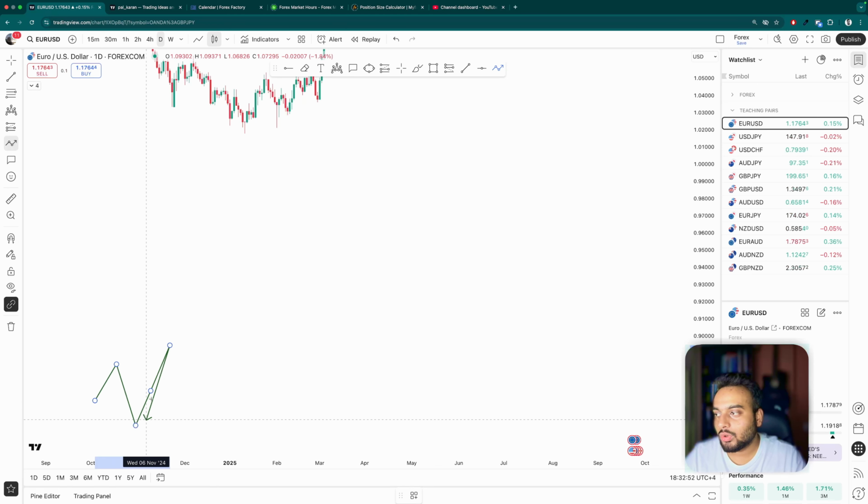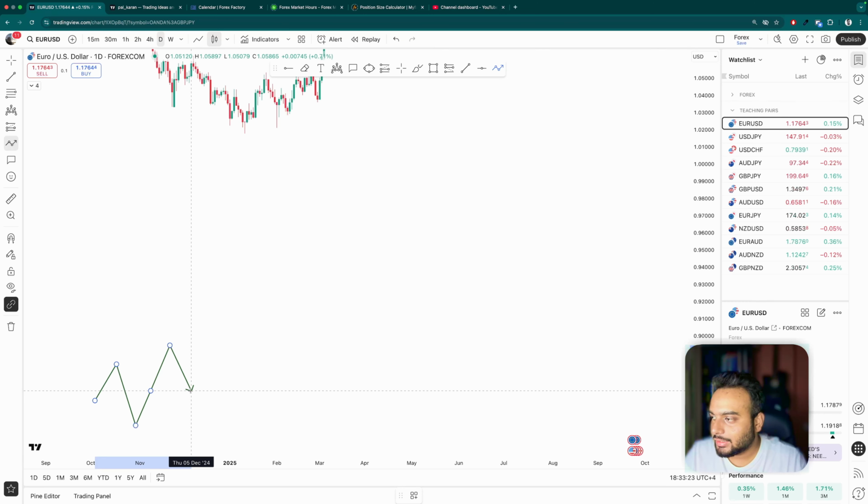This is more of a break of structure because this higher high broke the structure from right here and also changed the structure to a different trend. The market was bearish, now it became bullish. So this is the meaning. Change of structure is a change in the trend, and break of structure is just breaking towards either the lower side or the upper side.